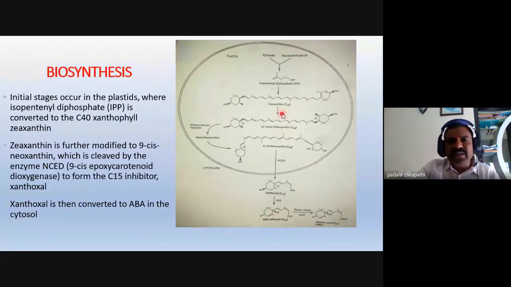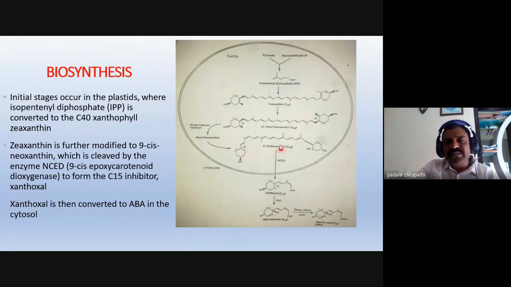So 9-cis neoxanthin is cleaved by the enzyme NCED, that is 9-cis epoxycarotenoid dioxygenase, to form the C15 inhibitor xanthoxal. So xanthoxal, whenever we observe a stress-induced reaction, this trans neoxanthin or violaxanthin C40 is going to be converted.